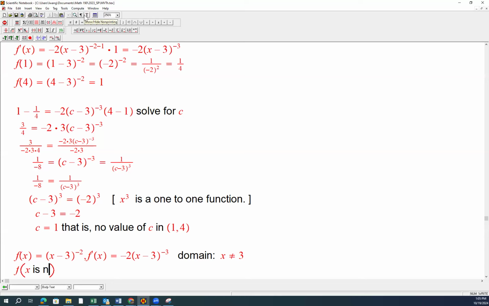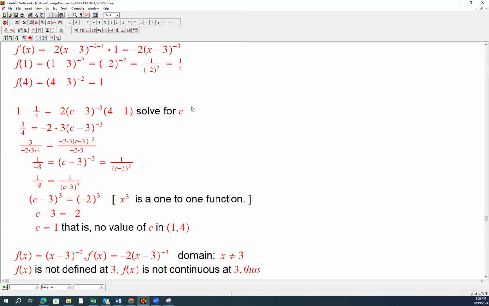The function is not defined at 3, right? If it's not defined at 3, then f is not continuous at 3.